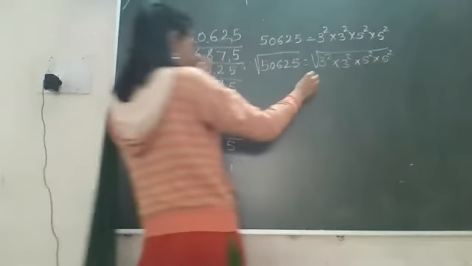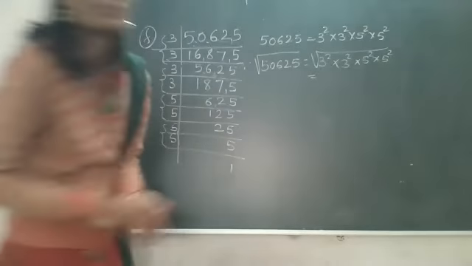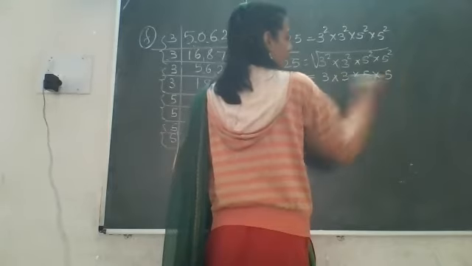Okay. Now here what will become? Square and square root will cancel out. So you will get 3 into 3 into 5 into 5.